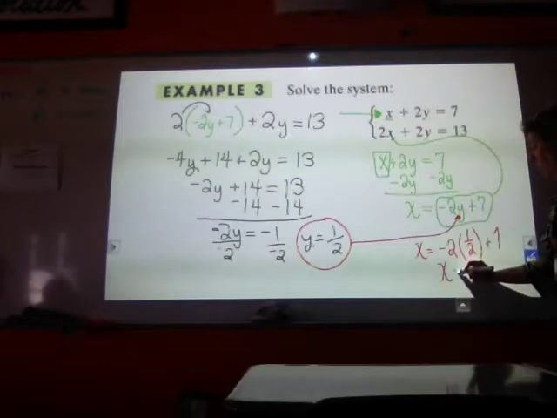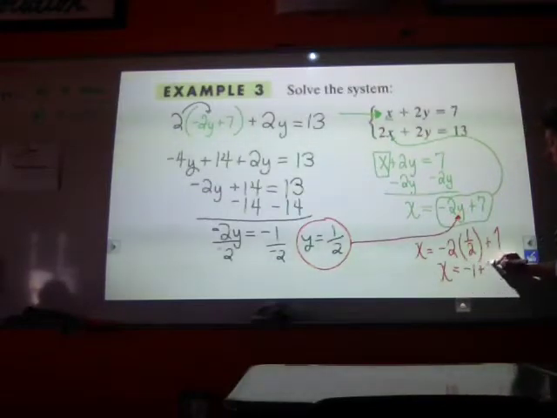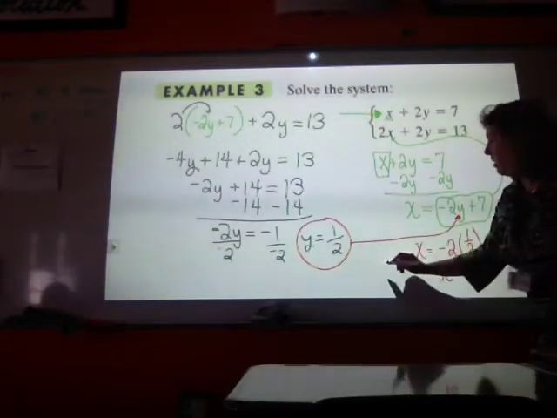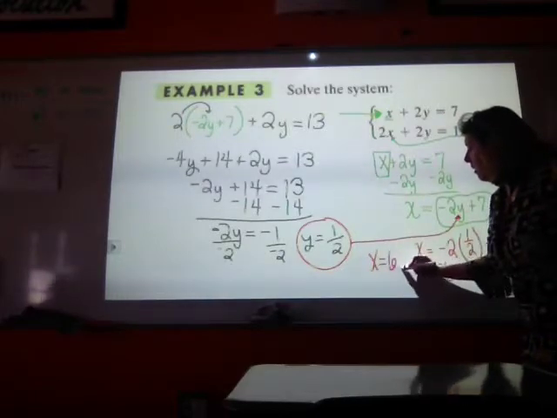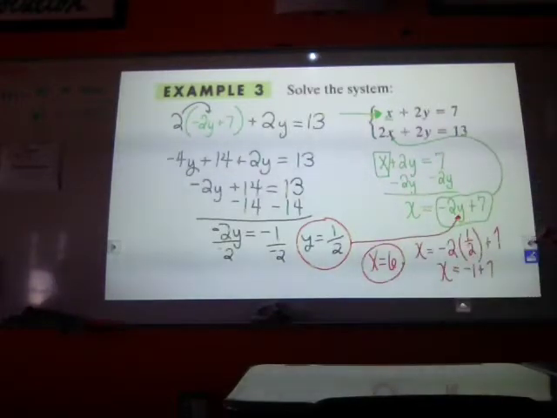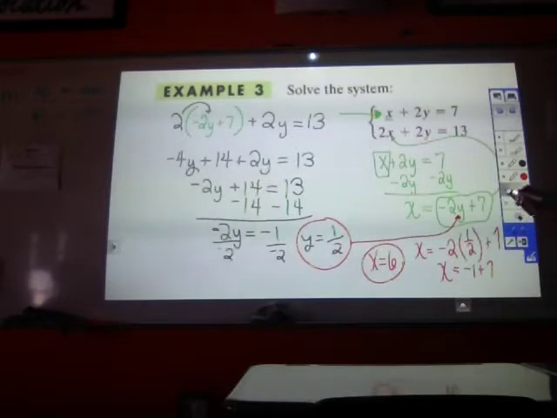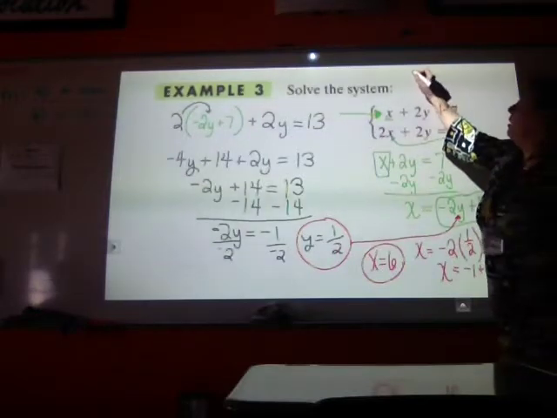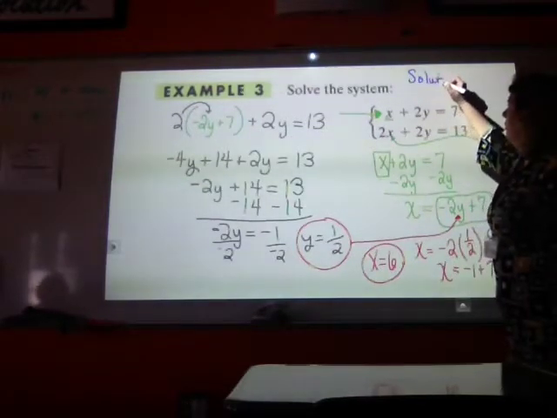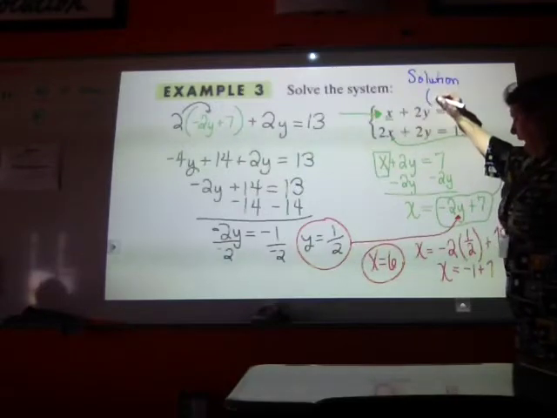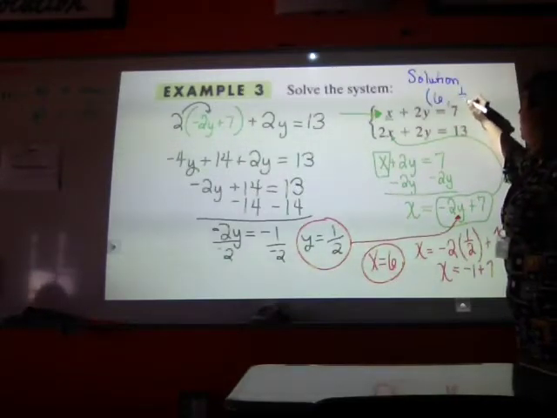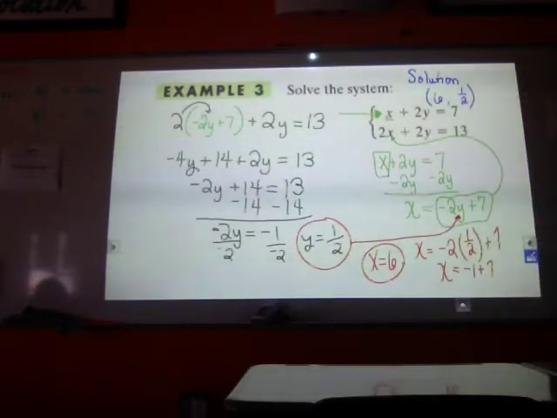So x would be equal to negative 1 plus 7, which is 6. Which tells me that my solution would be 6 comma 1/2. Which would not look good on a graph, but we can prove it algebraically.